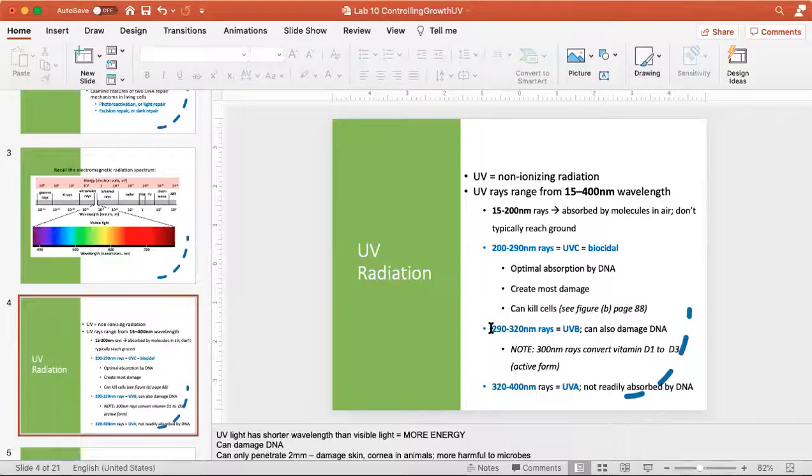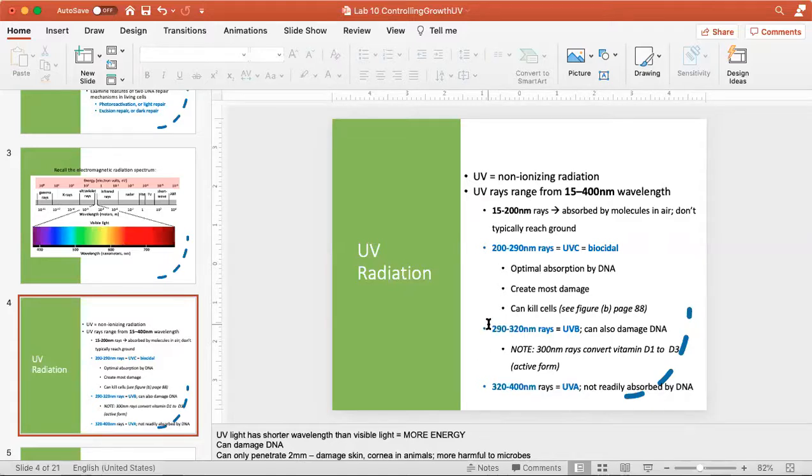So UVA can age your skin, but it's not damaging the DNA in skin cells. The same thing is happening, if you think about it, to microbial cells. When they get exposed to UVA, it's not damaging to them because it's not being absorbed by their DNA. And I'm pretty sure they're not too worried about aging, our microbial friends.